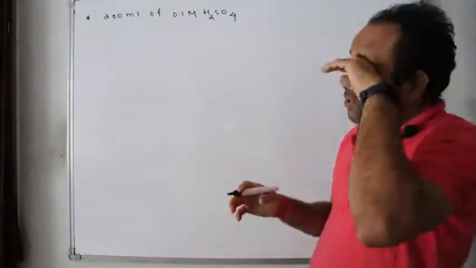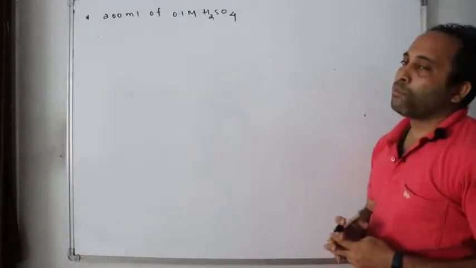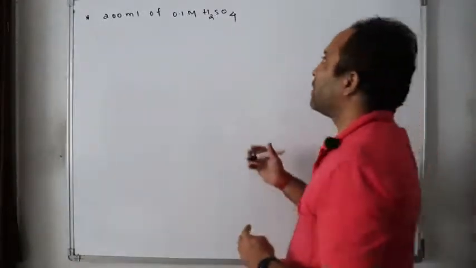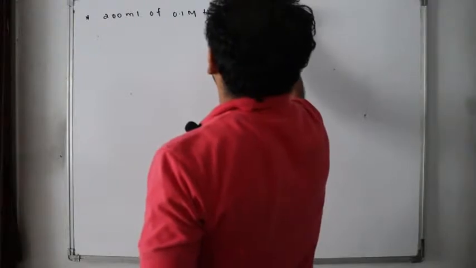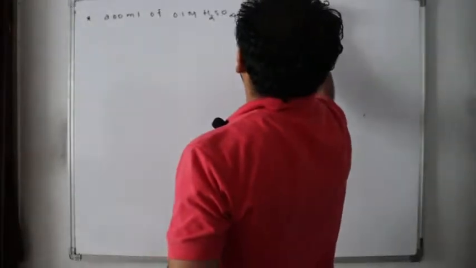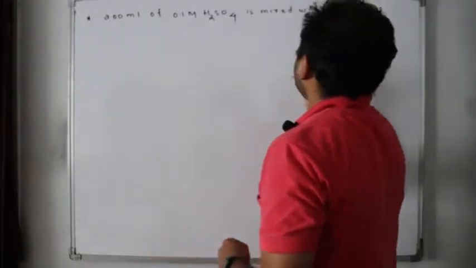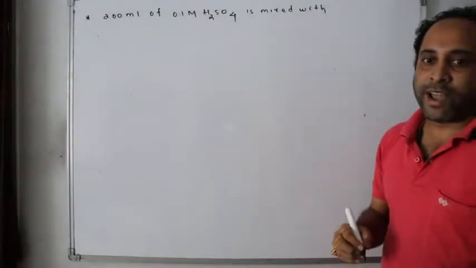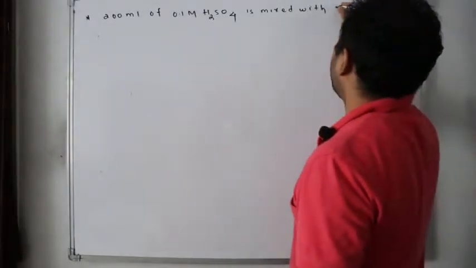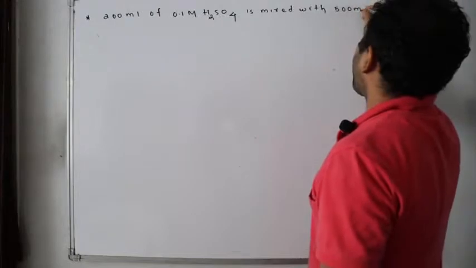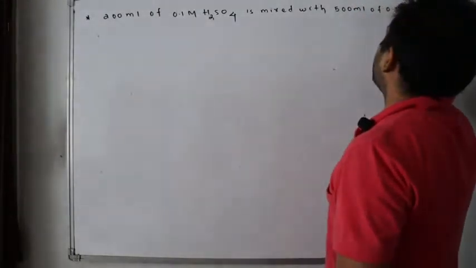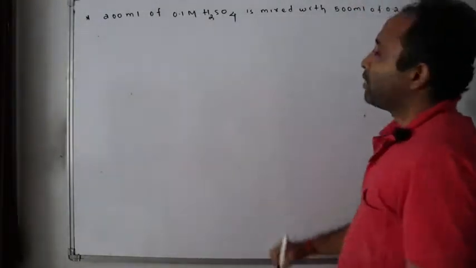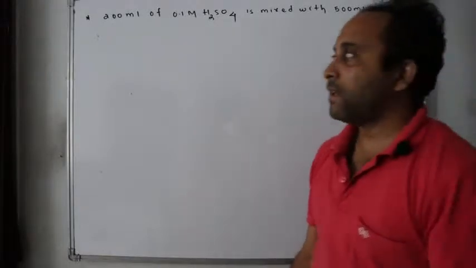Listen carefully. 200 ml of 0.1 molar H2SO4 is mixed with 500 ml of 0.2 molar HCl.